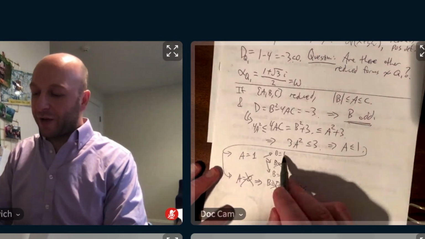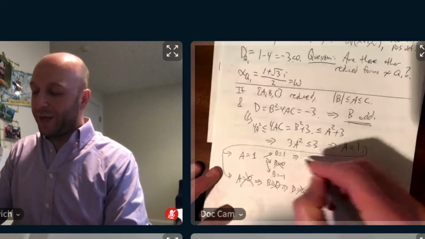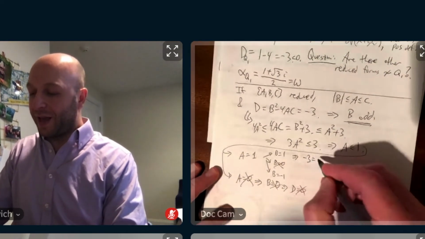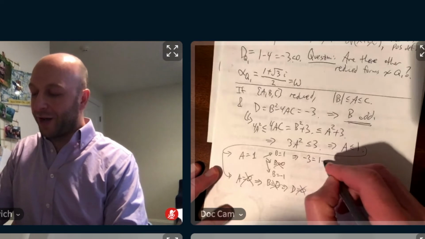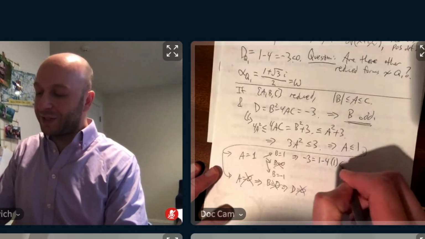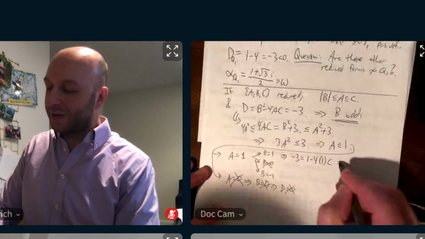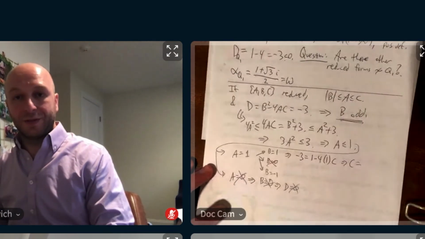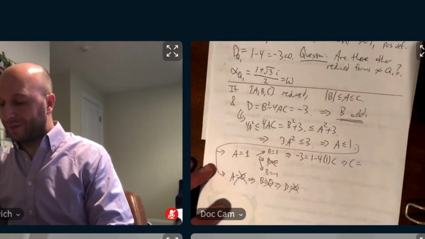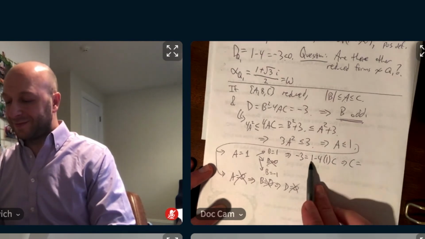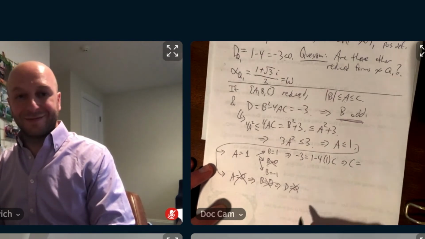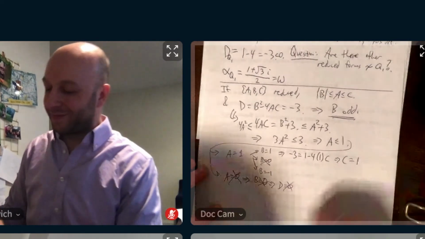Okay, if we have plus 1, that means that the discriminant, negative 3, is B squared minus 4 times A times C. So C is equal to 1. Exactly. Thank you, Sriya.